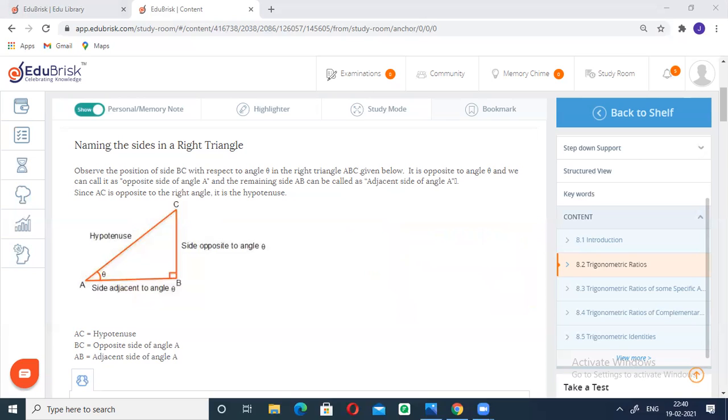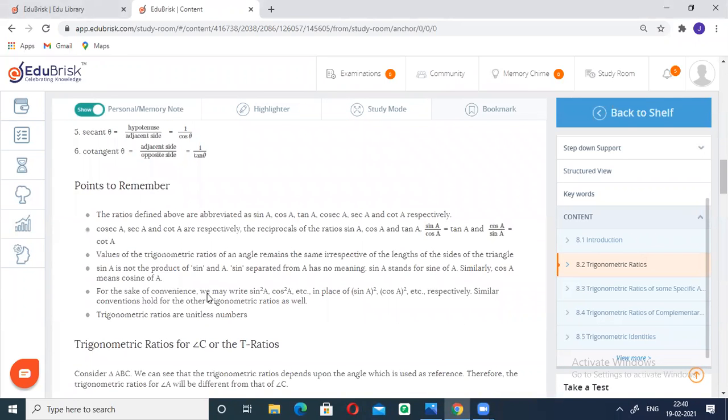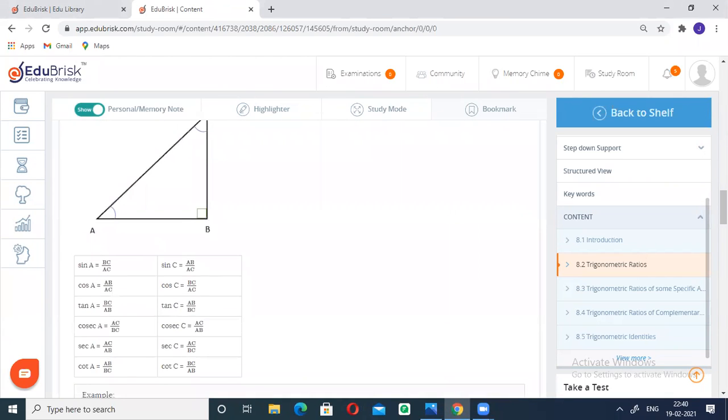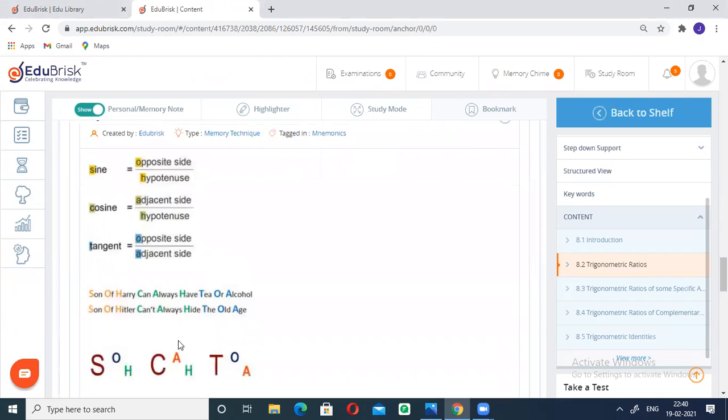Now, how do we remember these trigonometric ratios? Already we have discussed there is an easy technique to remember these trigonometric ratios. That is, it is written in a particular form like SOH, CAH, and TOA.